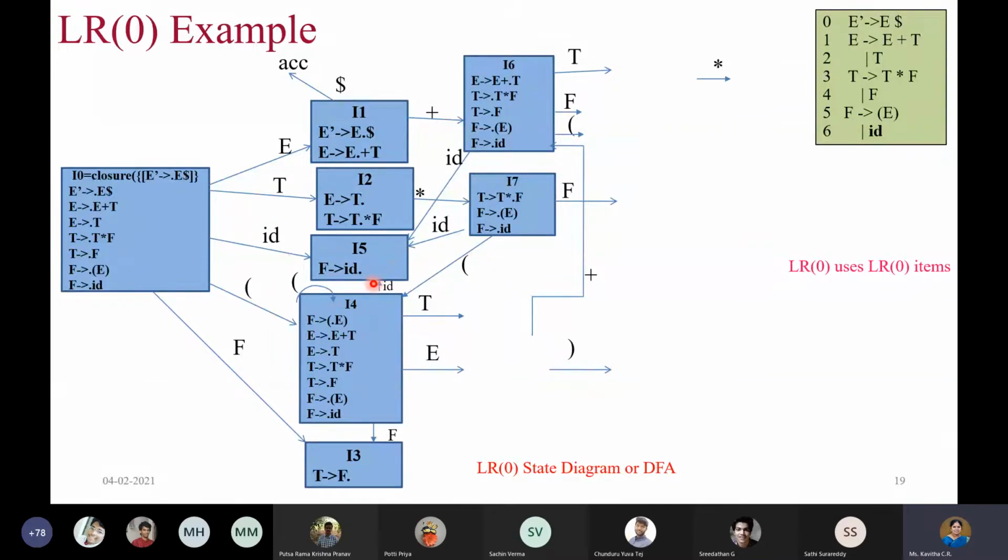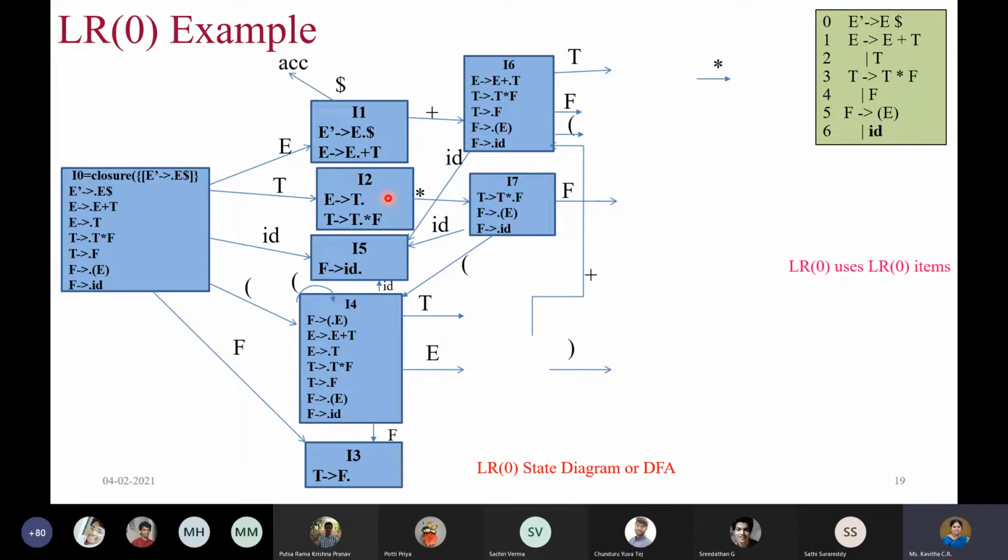Whenever you are constructing a new state, you should note that in that state you again find the closure. If the dot appears before a non-terminal, you follow the same procedure in every state. Also, whenever the dot appears in the rightmost position in the RHS, it means your processing is done for that particular rule, therefore it is eligible for reduce action.